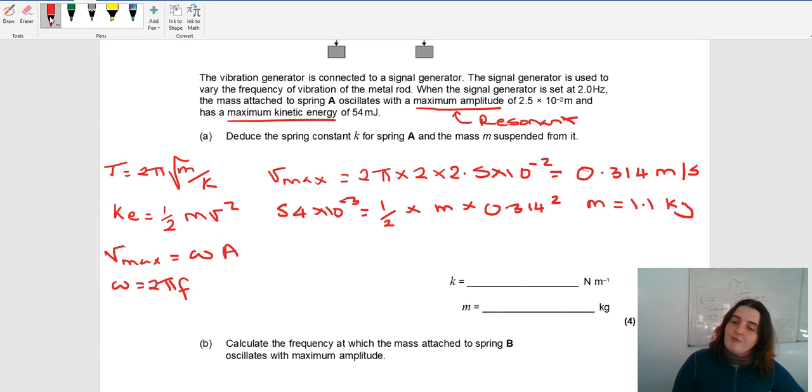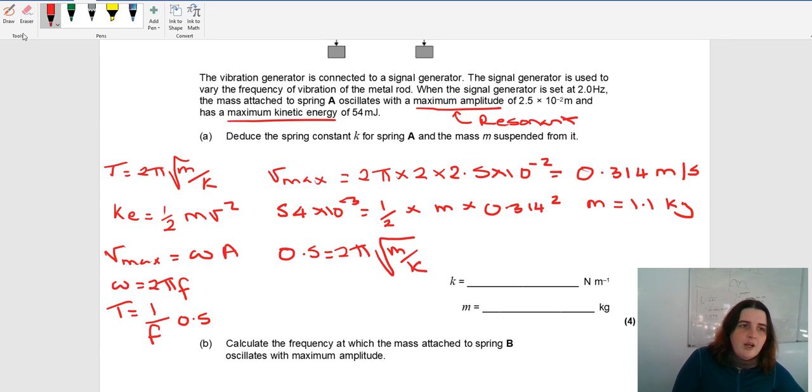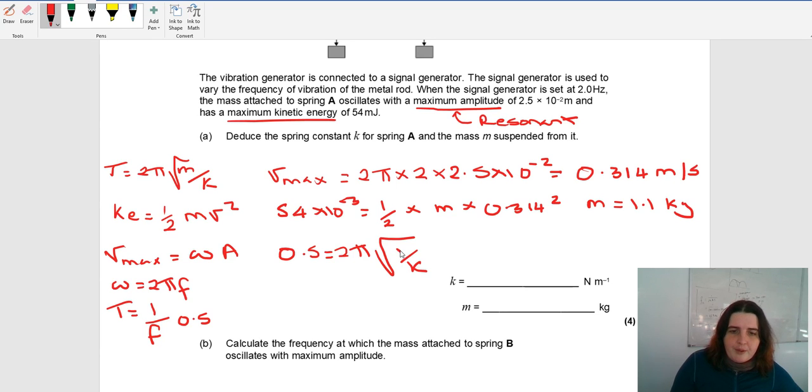So T equals 2 pi root m over k. If it's 2 Hertz, T equals 1 over the frequency, so that's 0.5. So 0.5 equals 2 pi root m over k, where I know that m is 1.1.